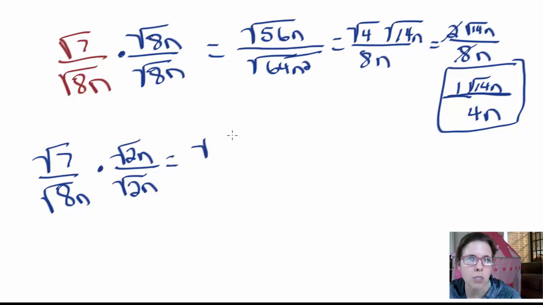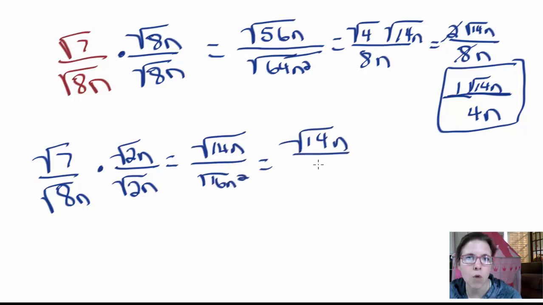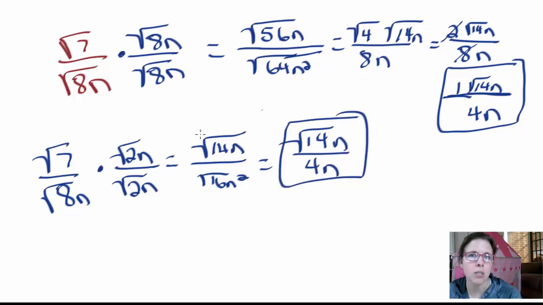So this would give me the square root of 14n over the square root of 16n squared. So you'd be left with the square root of 14n over 4n. So it's the same answer. You just don't have to do as much at the end, but sometimes that gets confusing. Okay?